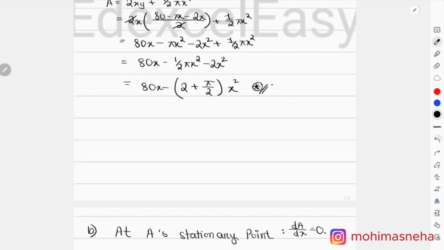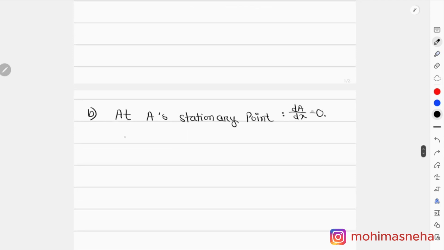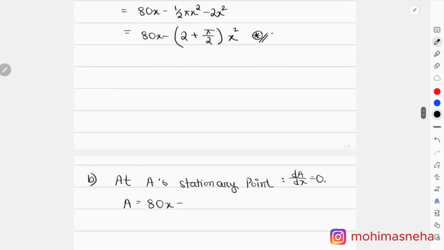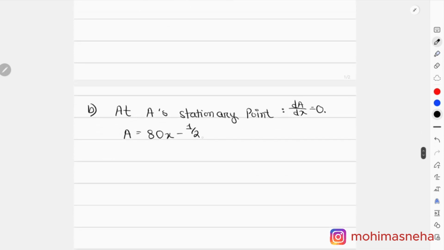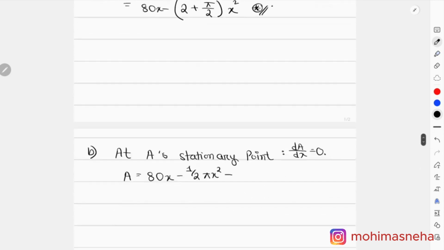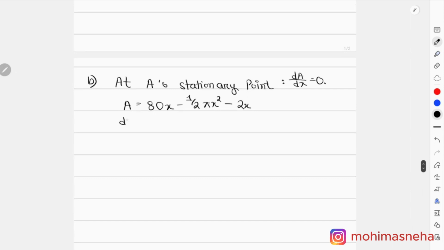Because it is in a product format, you have to simplify that with the brackets and then get the equation, right? So it's better to write it in this way. A is going to be 80x minus half pi x square minus 2x square, and then I'm going to find out the differentiation dA by dx.